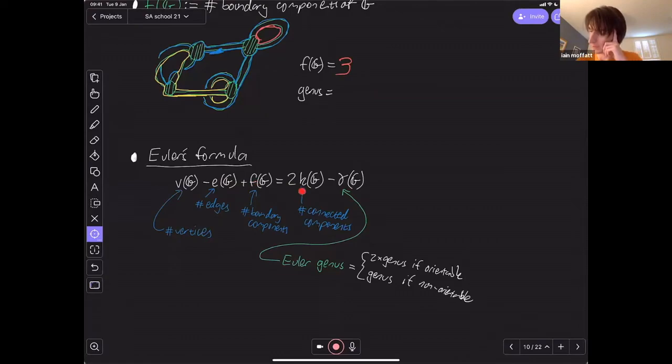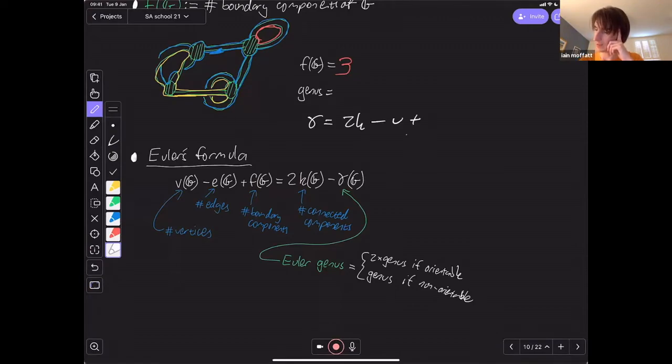So what have we got? My Euler genus is going to be equal to 2K minus V plus E minus F. So in this example, I've got one connected component, so I've got 2. I've got 1, 2, 3, 4 vertices.